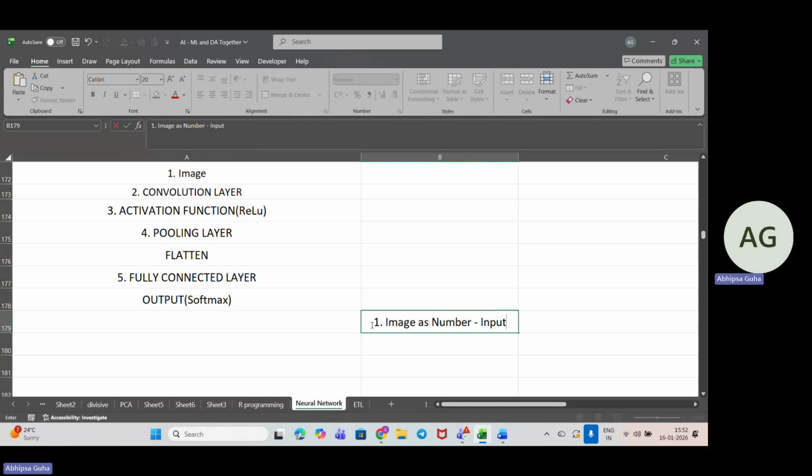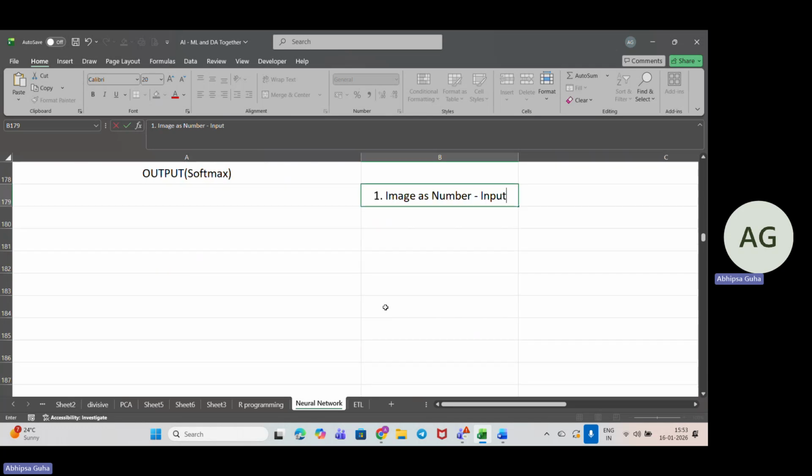Unlike humans, a computer or a machine doesn't understand the image. It understands the pixel numbers. It understands the numbers specifically, right? It sees the numbers. So coming down, I'll take a small image and based on that, we will see with the numbers how it works. Okay, so image as number we are giving as input.